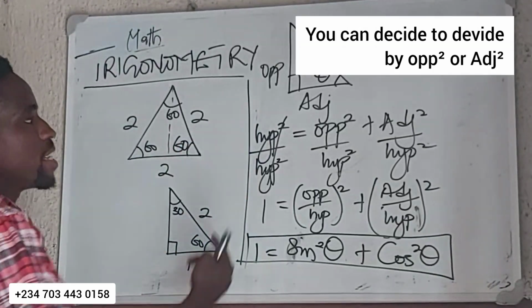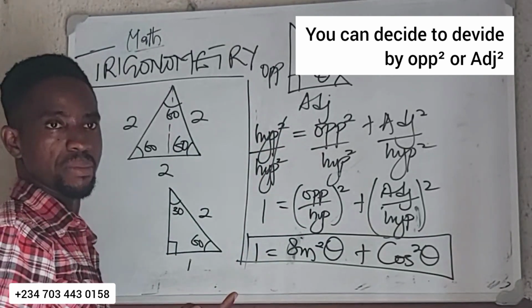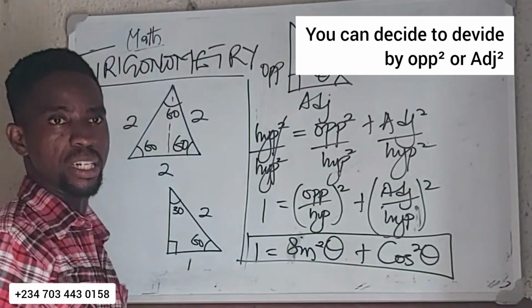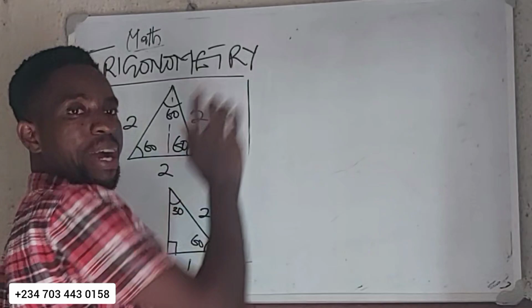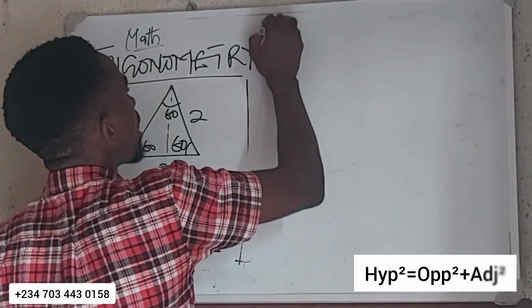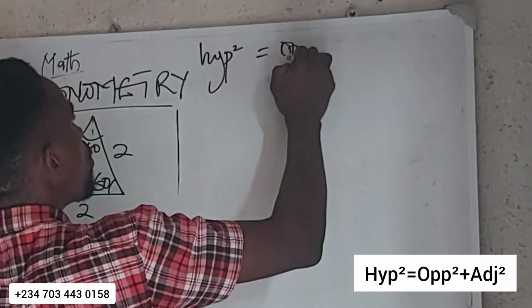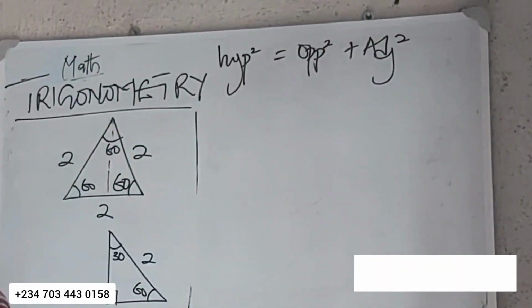Okay, we can still make other modifications to this particular relationship. You can decide to divide through by opposite squared. You can decide to divide through by adjacent squared. Let's do that and see what we get. From Pythagoras theorem, hypotenuse squared is equal to opposite squared plus adjacent squared.